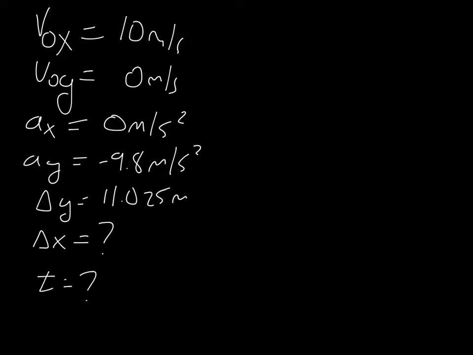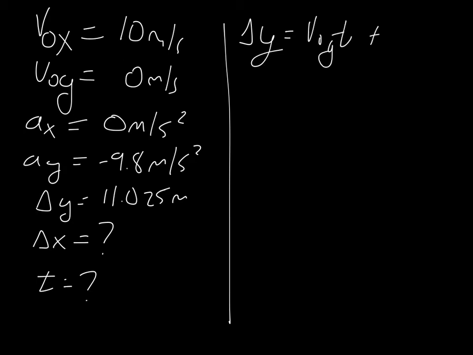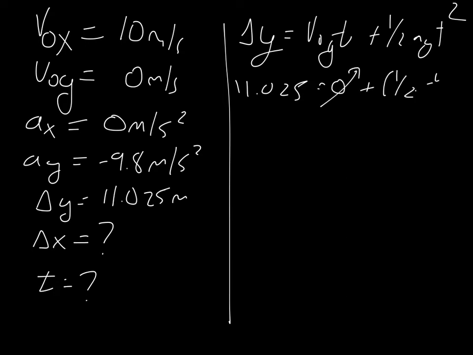Now, to get that time, the easiest thing I can do is use the formula delta y equals v naught y times time plus 1/2 a_y t squared, or 11.025 equals 0, that's nice, plus 1/2 times negative 9.8 t squared.